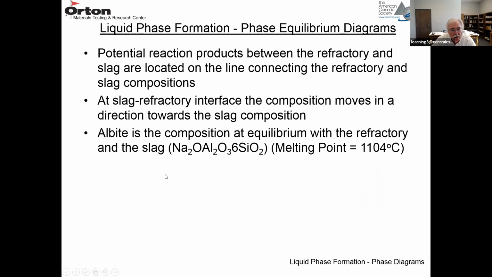So the first phase field is albite, and that's the first composition in equilibrium with the refractory and the slag. Albite is Na2O, Al2O3, 6SiO2.